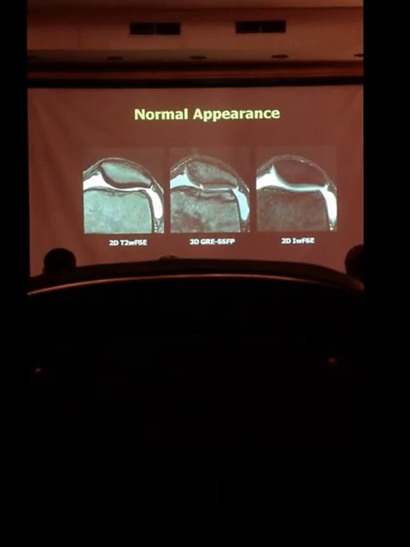You can see this other technique here. We have more signal within the cartilage. This is what we call a gradient echo sequence. It has some drawbacks, some problems when assessing cartilage, and we'll discuss that later on.